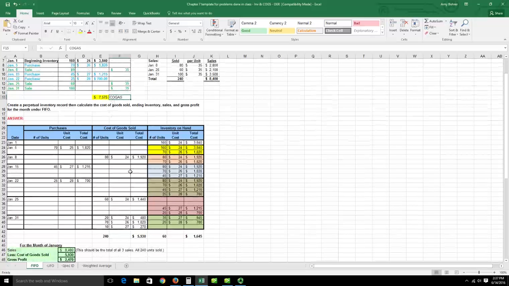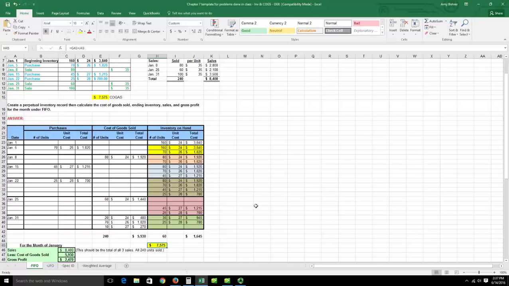sale, when you get done with all of this math, because this is a lot of math going on here, you should double check. You should add these two numbers together, and I'm going to do that right now. 5,930 plus 1,645, and you should come back to the cost of goods available for sale, right? These should always agree.